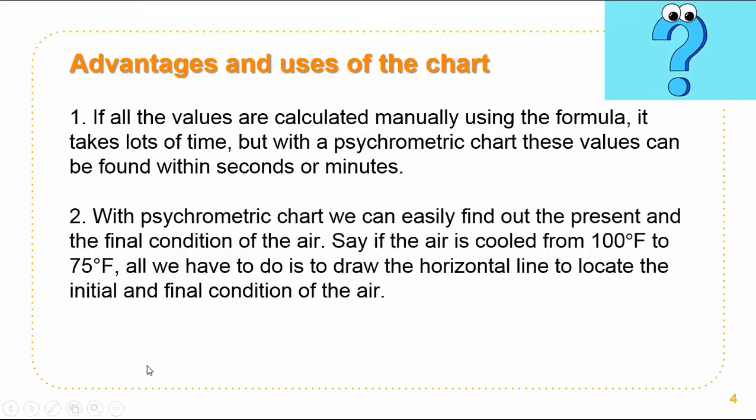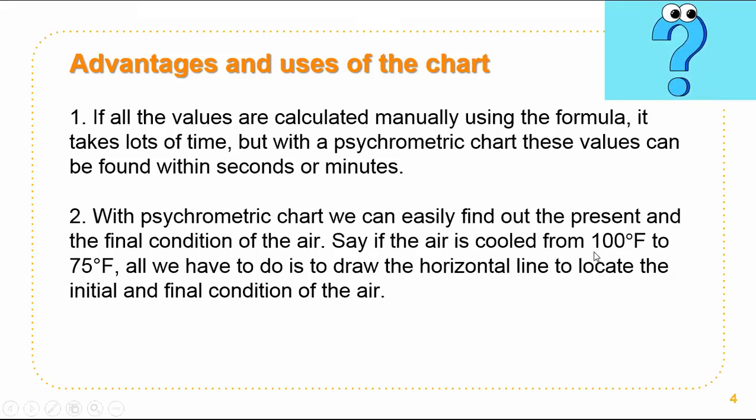Now, with the psychrometric chart, we can also easily find the present and the final condition of air. Say, for example, your air is cooled from 100 degree Fahrenheit to 75 degree Fahrenheit. All you have to do is draw the horizontal line to locate the initial and the final condition of that air in the cooling process. Of course, you do not know what this particular 100 degree Fahrenheit and 75 degree Fahrenheit is for now.